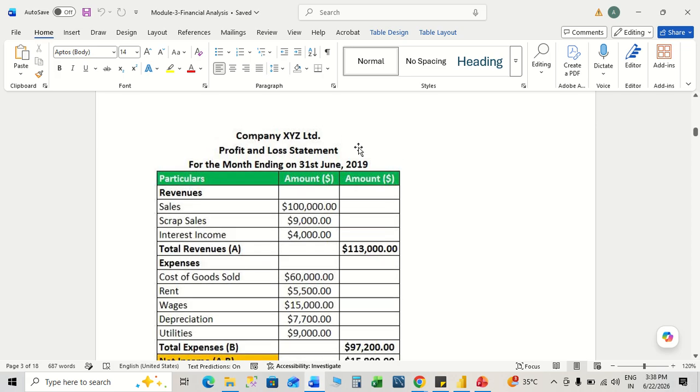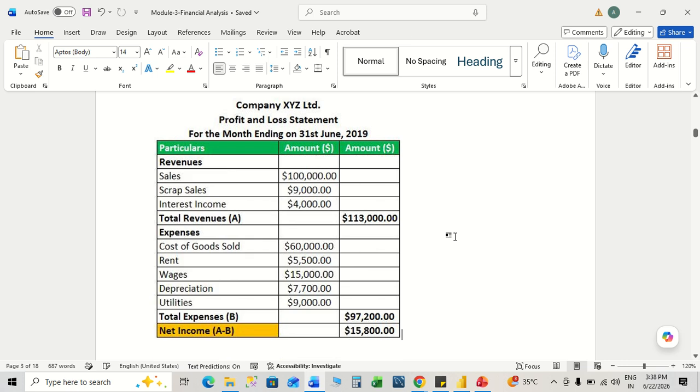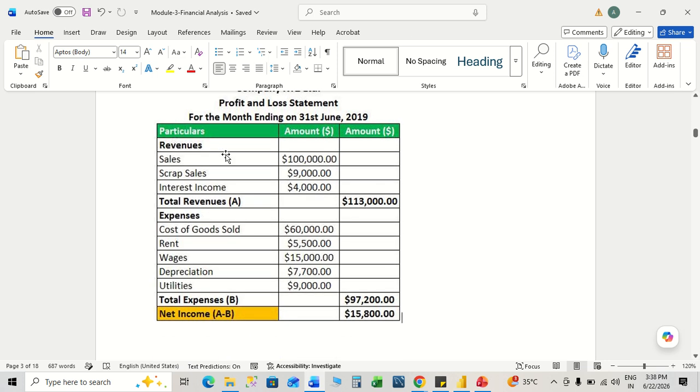Company XYZ Limited profit and loss statement for the month ending 30th June 2019. It's old data. The revenue is sales, scrap sales, and interest income. So these are the income.